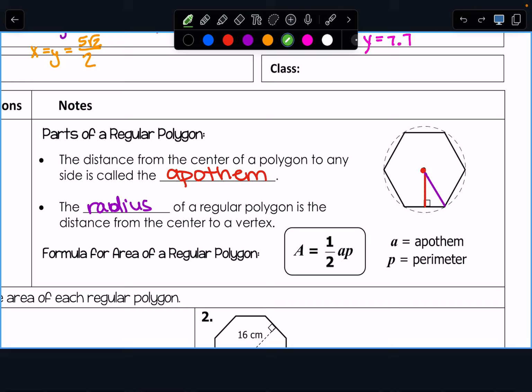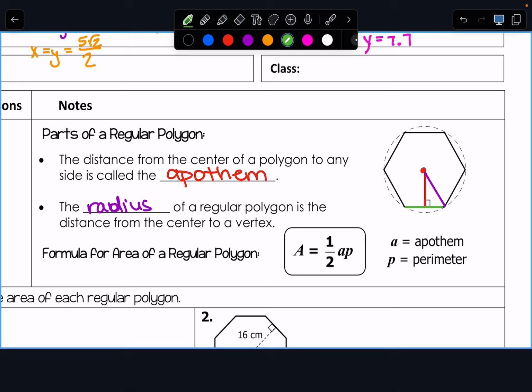So is the perimeter, if you count one side, you'll see the... Yep. So we need to know 2 things. We need to know the apothem, and we need to know one individual side length so we can figure out the perimeter. Okay?